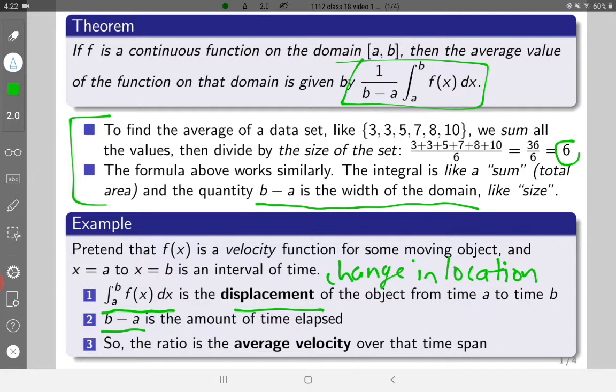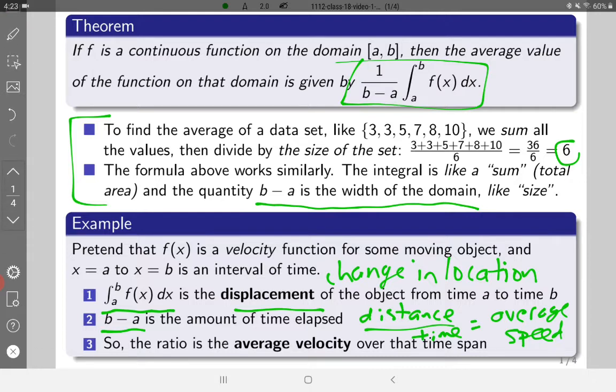And so what you would have here is essentially the distance, or displacement, or change in location divided by time. And that's exactly what your average speed, or your average velocity, would be. Just like if I said I went 100 miles and it took me 4 hours, then I averaged 25 miles per hour. Same idea happening here. So try to see this formula as not something random out of nowhere. It really does capture the average value of a function.